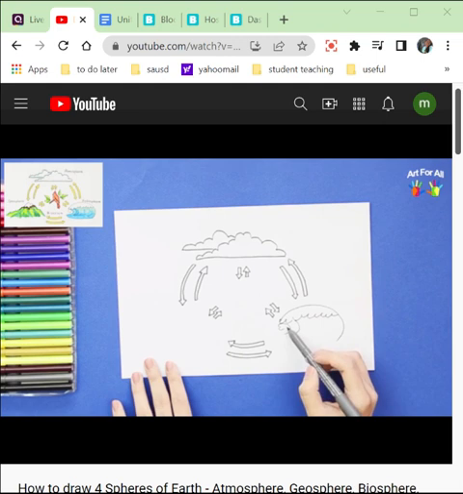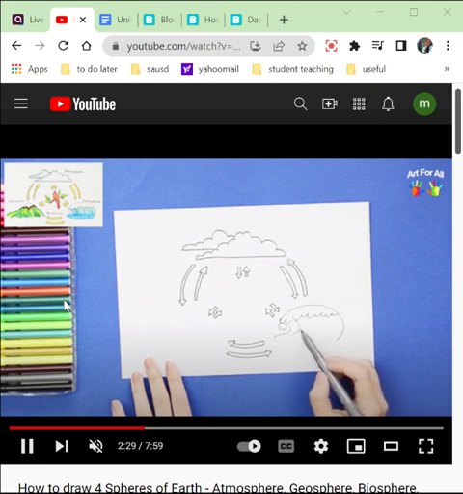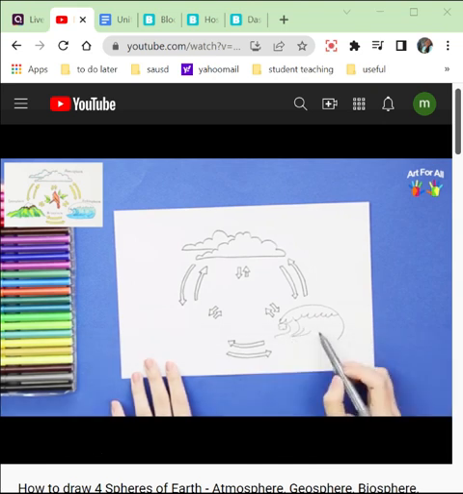So now they're drawing the hydrosphere. So we're going to represent that using the ocean tides. But the hydrosphere is any part of the earth that has water.